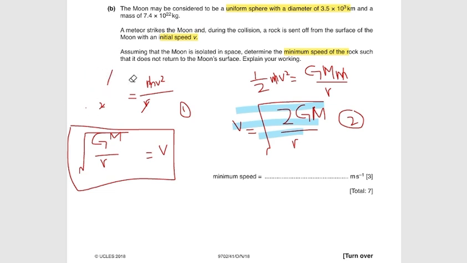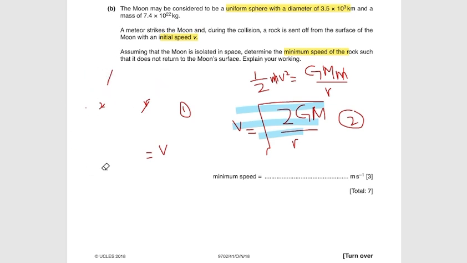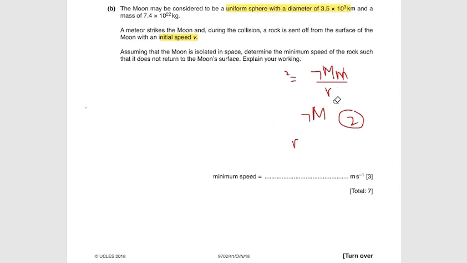Now that we know that we have to use this formula, that is the square root of 2GM over r, all you need to do is just plug in the values now.